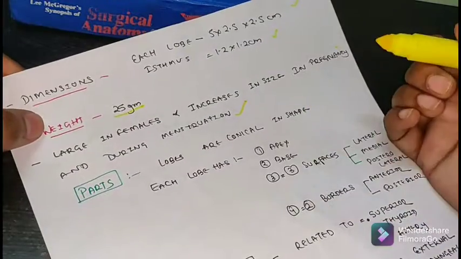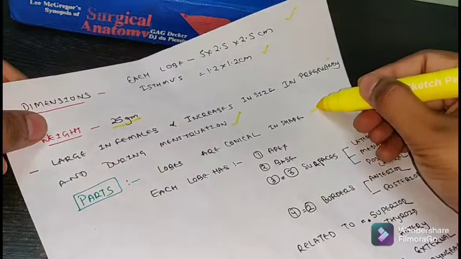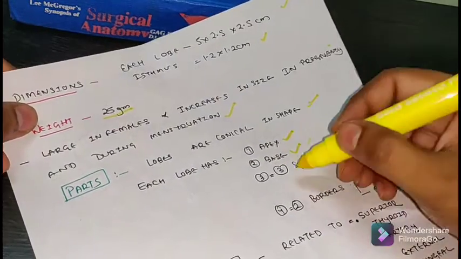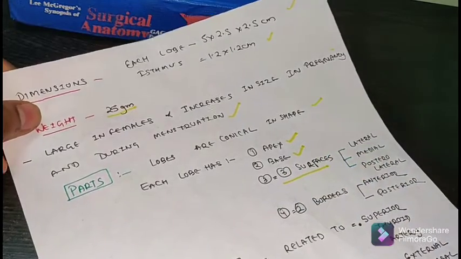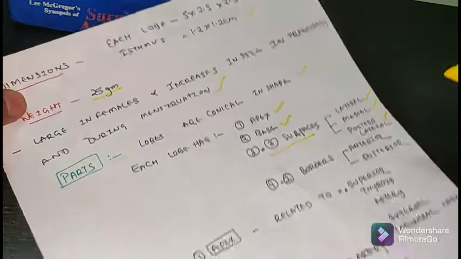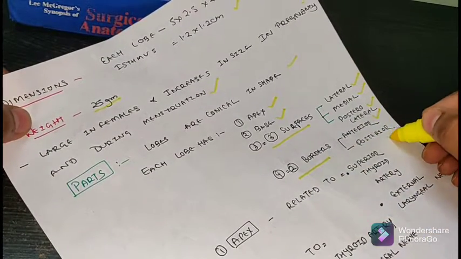The lobes are conical in shape. Each lobe has an apex, a base, and three surfaces, that is the lateral, medial and posterolateral. It has two borders, the anterior border and the posterior border.